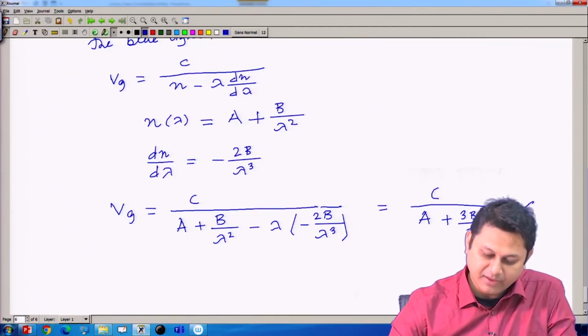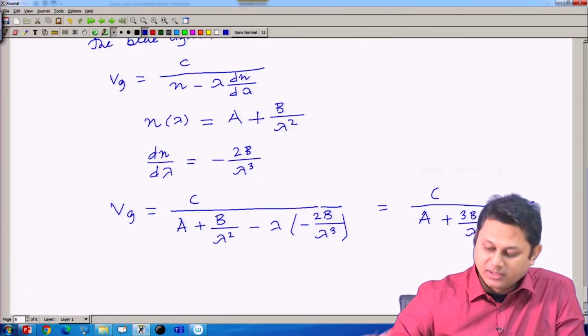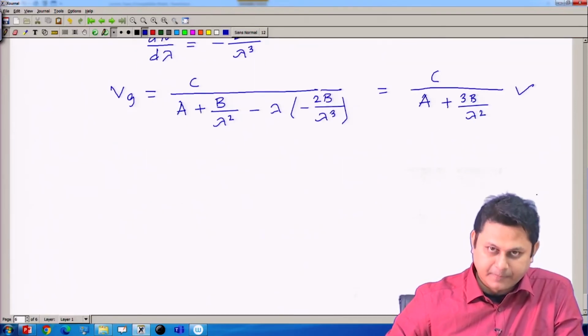So, that is the expression we have for Vg using Cauchy's relation.